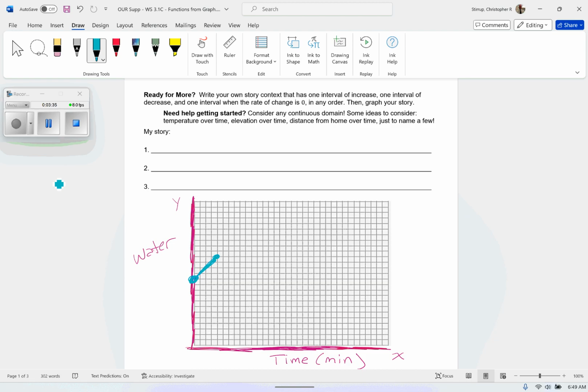And then maybe draw some points here. And then maybe draw a steeper line here. And then maybe we'll just draw a line all the way down here.